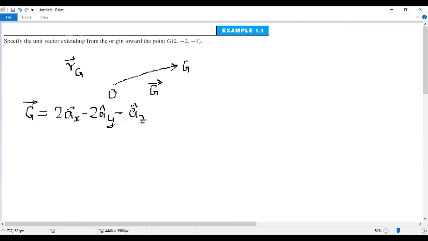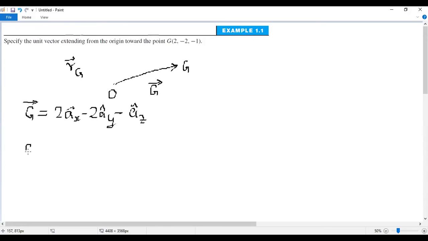Okay, 2ax minus 2ay minus az. This is the position vector G. So we want the unit vector in this direction. So you know how to get unit vector in any given direction.